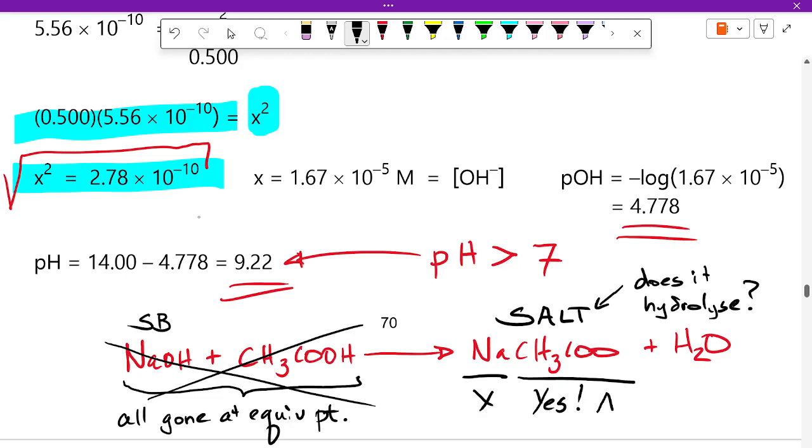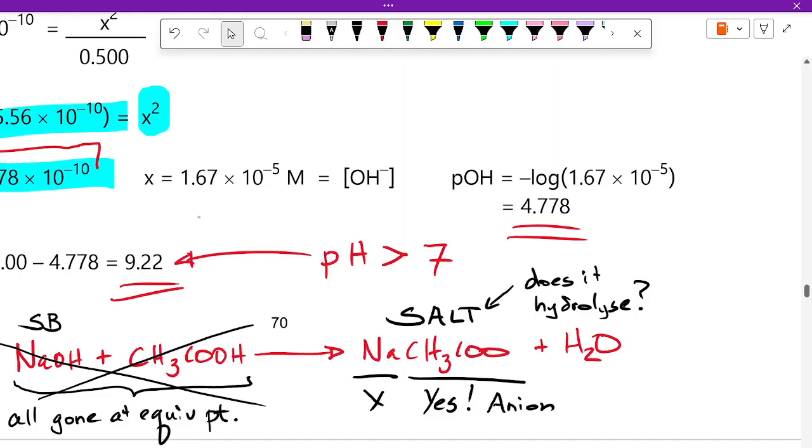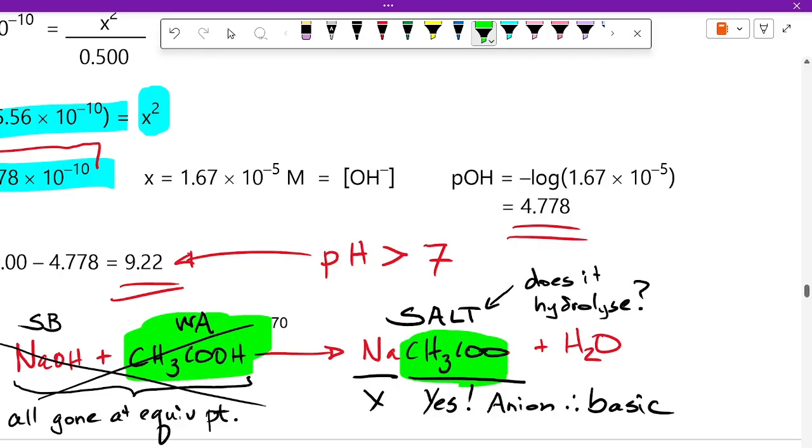And because it is an anion, that's going to be basic. So anytime you react a strong base with a weak acid, you're going to end up with the conjugate base of the weak acid, which is a weak base, and so it's going to be basic at the equivalence point. So strong base plus weak acid is basic at the equivalence point because of hydrolysis.